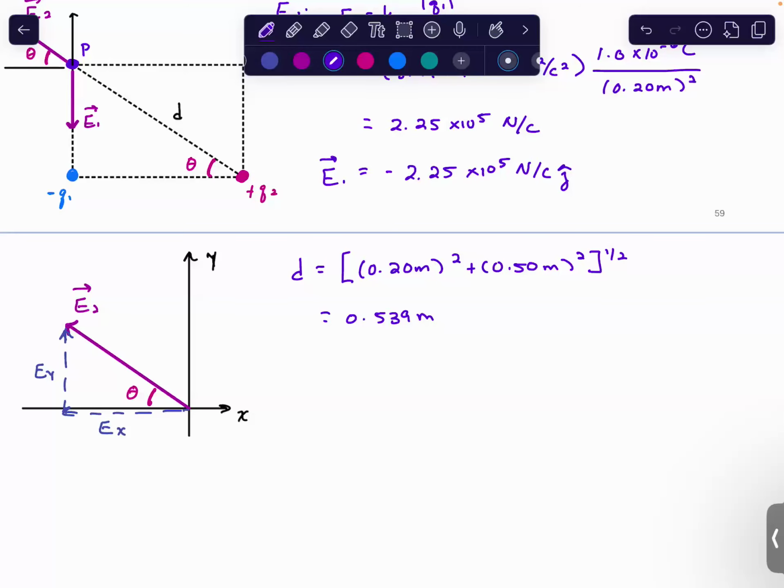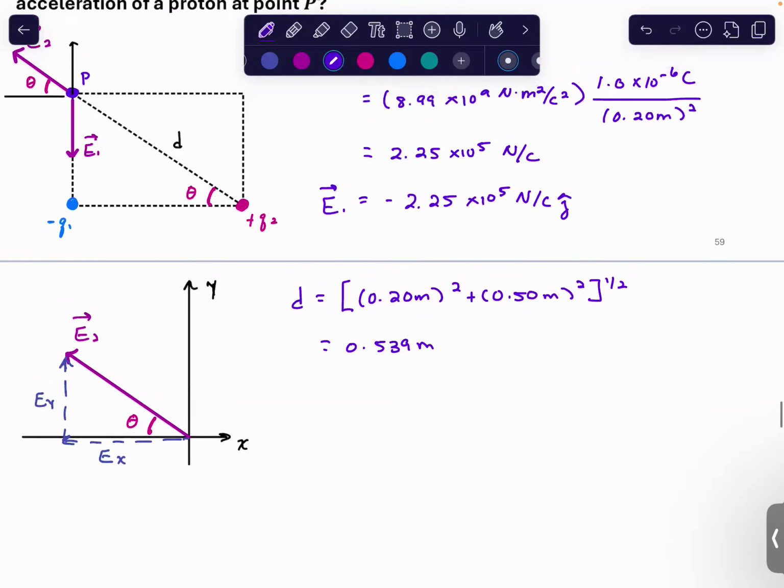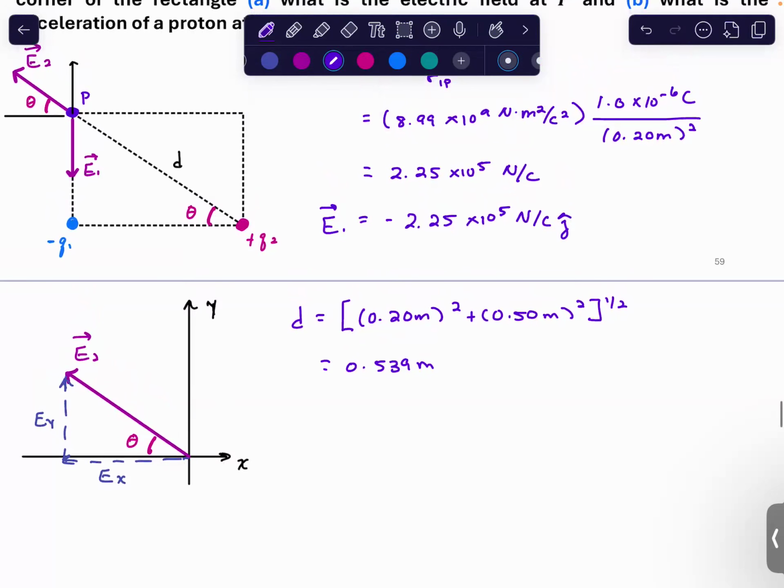And then we could use almost any trig function to figure out theta, because that again, that's our 0.50 meters.